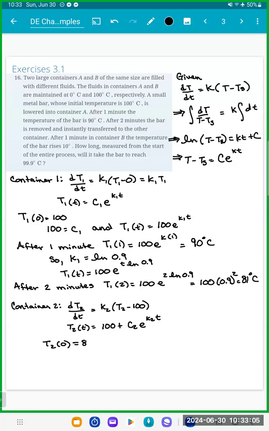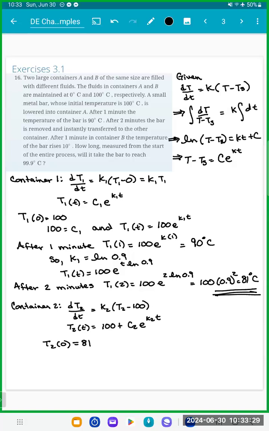Now, when the metal bar is immersed in its initial temperature, then T2 at 0 is equal to 81 degrees, right? Because remember it says we put the bar into container 1 for a minute, we measure, we put it in after a second minute, and we know how much we've calculated after the second minute, the temperature of that bar is now 81 degrees.